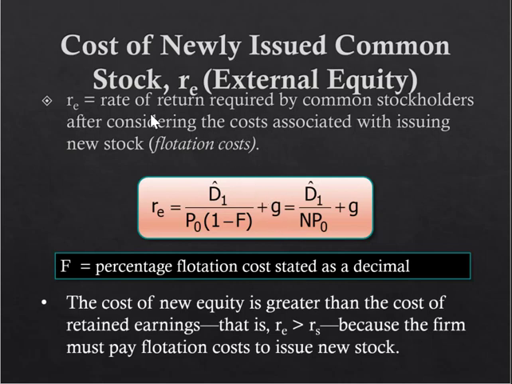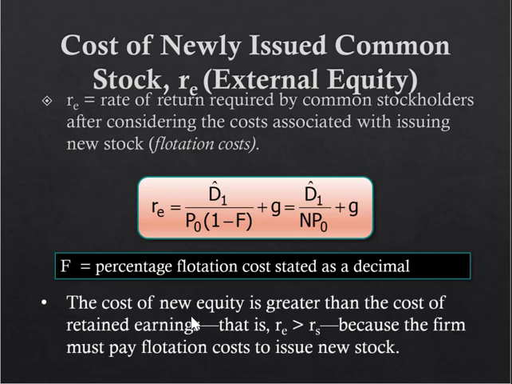So the rate of return required by common stockholders after considering the costs associated with issuing new stock, the flotation cost, is R sub E. That's going to equal the expected dividend at the end of period 1 over the current price times 1 minus the flotation cost, plus g. So it's the net price plus g. That's just like what we saw for preferred stock. And a flotation cost is stated as a decimal.